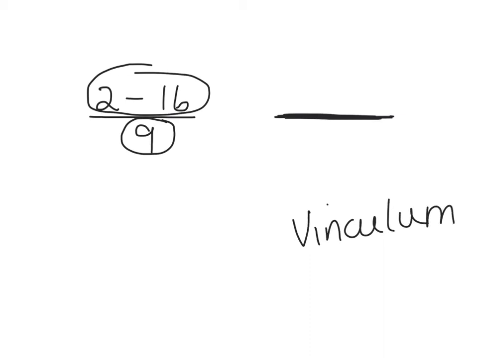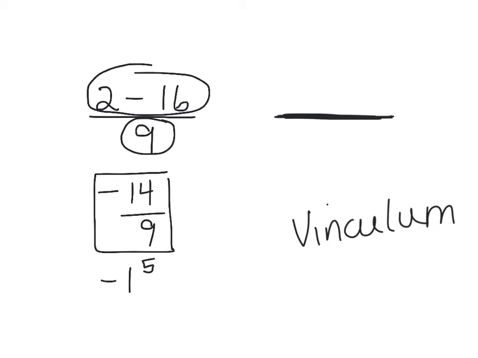It acts as a grouping symbol. So this expression is telling us to do 2 minus 16, which is negative 14, and then divide it by 9. Now, in Algebra 1, perfectly okay with improper fractions. I actually like that fraction. If you want to change that to negative 1 and 5/9, that's okay. But negative 14 over 9 is fine. But again, that fraction bar acts as a grouping symbol.